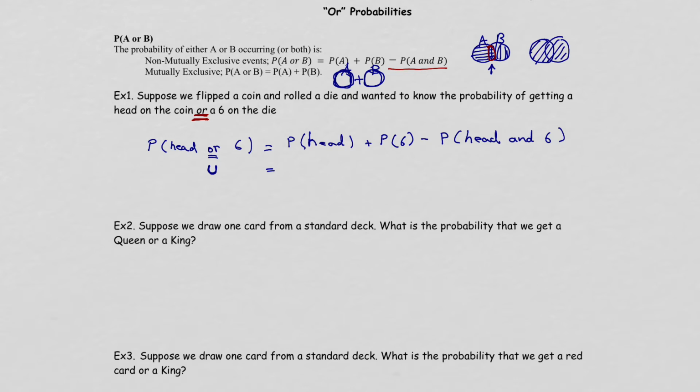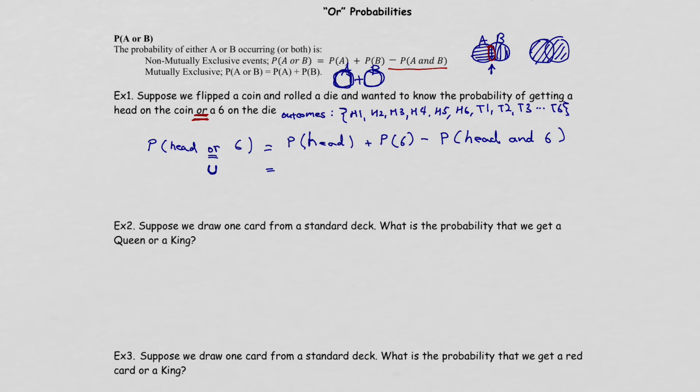If I write the total outcomes of this event, you can have head and 1, head and 2, head and 3, all the way to 6. But then also you can have tail and 1, tail and 2, tail and 3, all the way to 6.